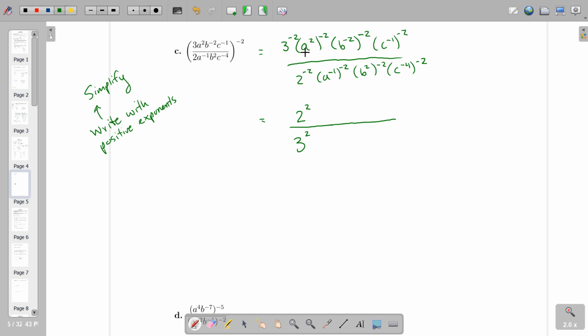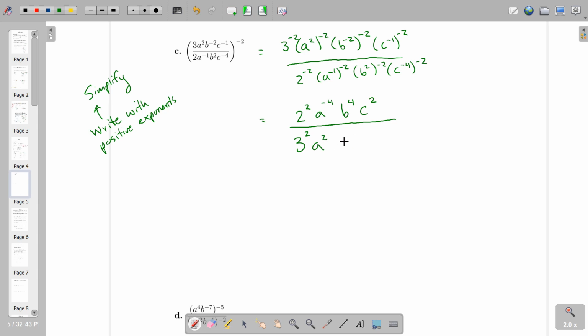Now for all these other things, remember this is a power raised to a power. So that means I'm multiplying these. Okay? So this is going to be a to the negative 4. This is going to be b to the positive 4, negative 2 times negative 2. C to the positive 2, negative 1 times negative 2.